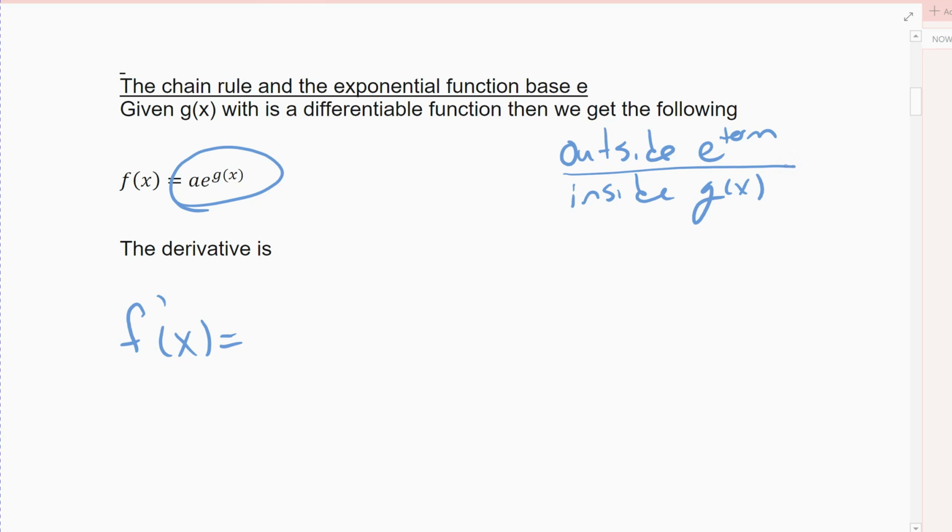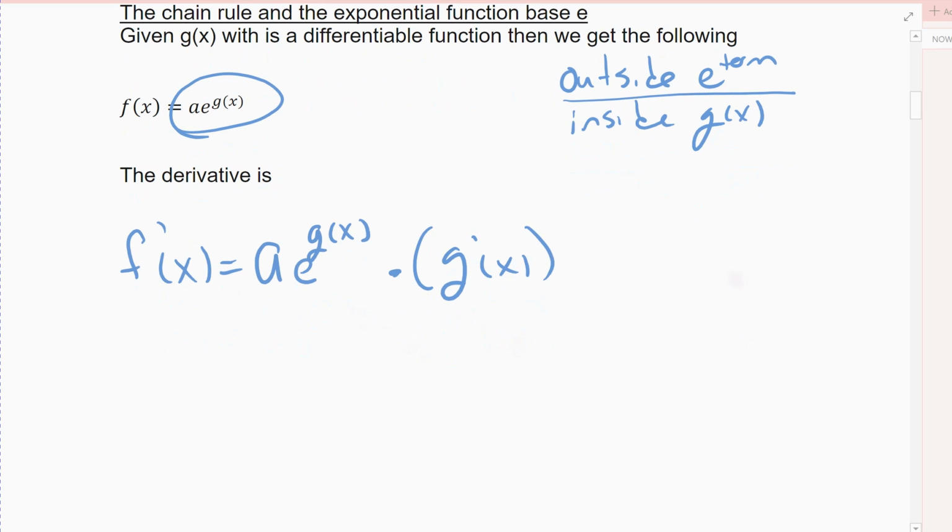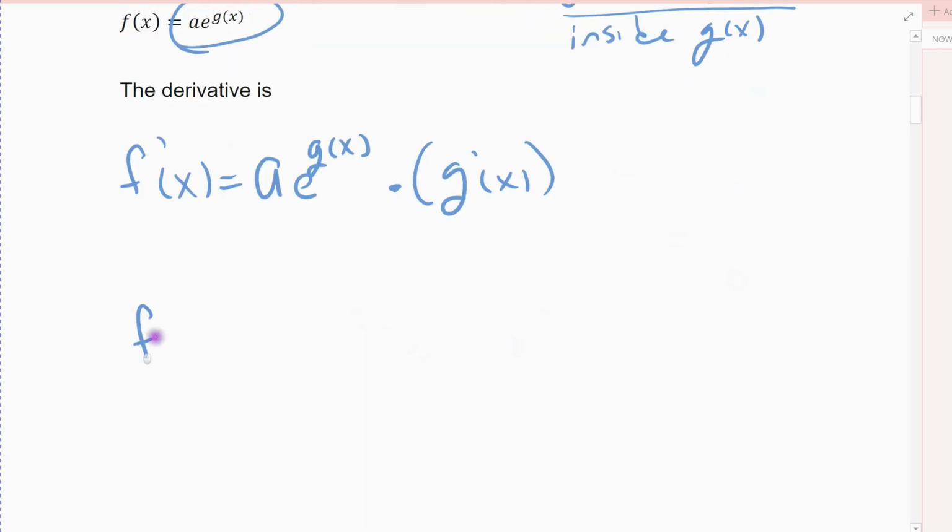The derivative of the e function is the e function, so you write down verbatim whatever that original expression was. But since there was something other than x here, you've got to then remember to multiply that expression by the derivative of whatever that something was.